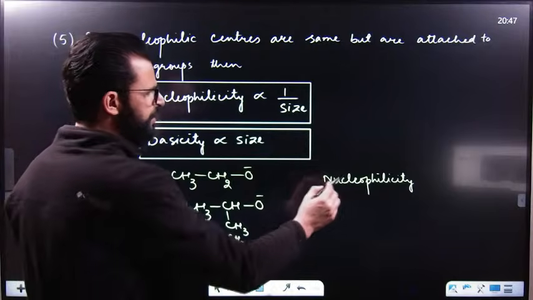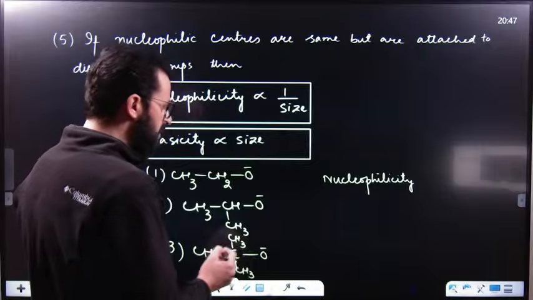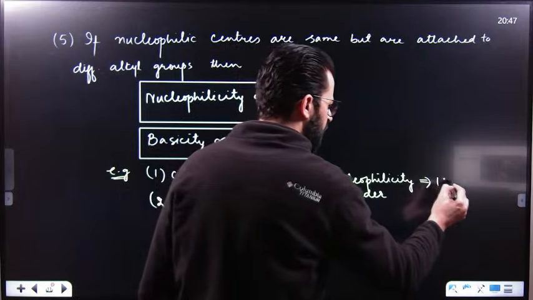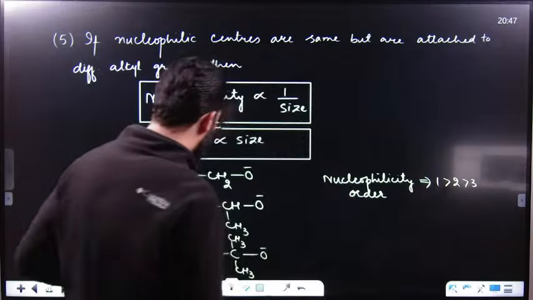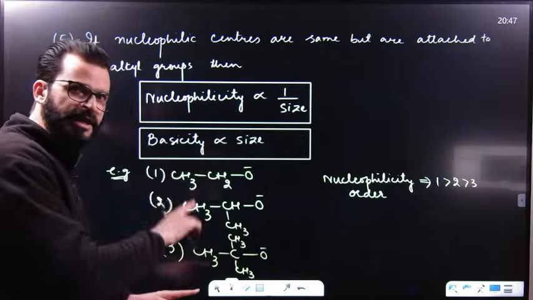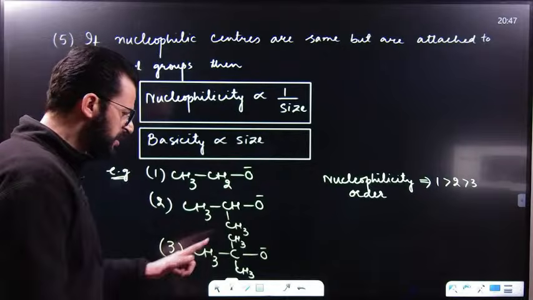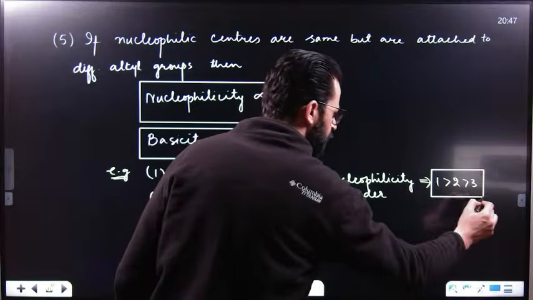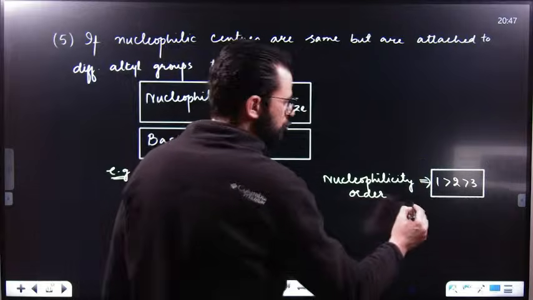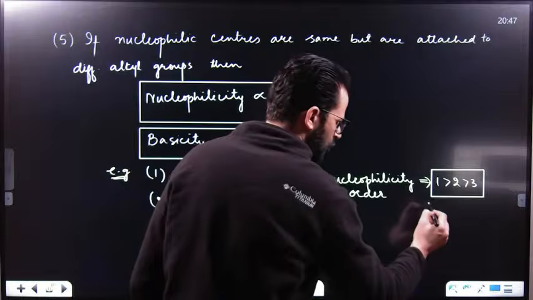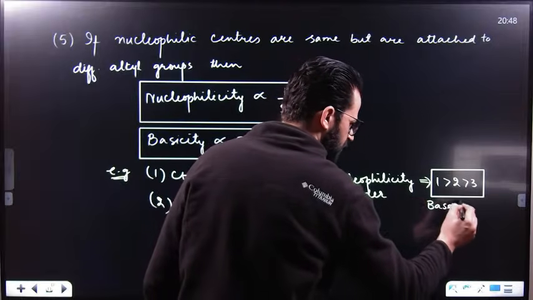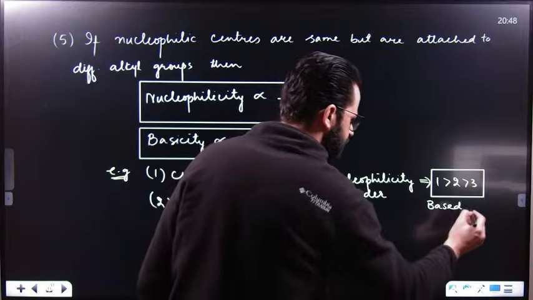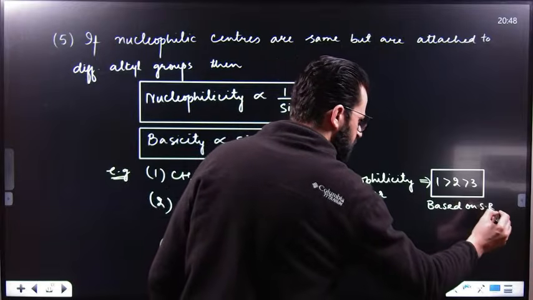Hence, nucleophilicity is inversely proportional to size. That means nucleophilicity order for this question will be 1, 2 and 3. Why? Because as size increases, steric repulsion increases, and nucleophilic character decreases. This order is based on steric repulsion.